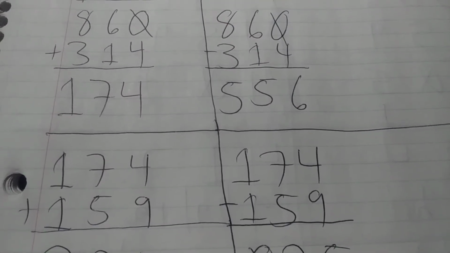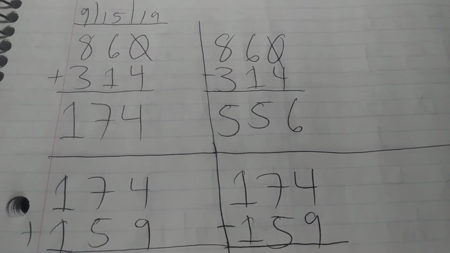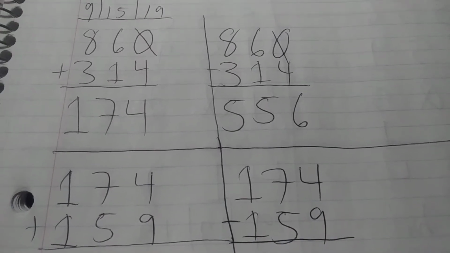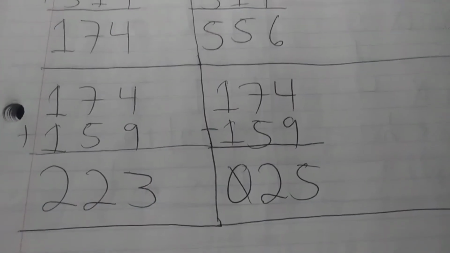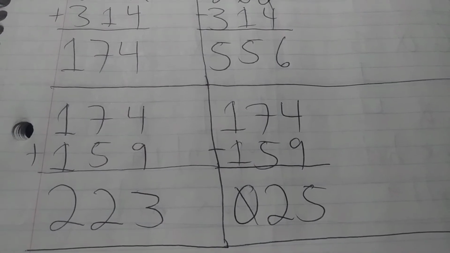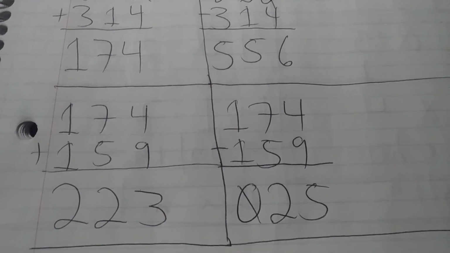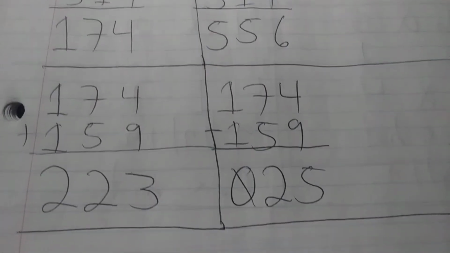Down here, you're just adding and subtracting off 159 from 174 that hit up here. Or it didn't hit. What I meant to say is we got it from up here. 1 plus 1 is 2. 7 plus 5 is 12 or 2. 4 plus 9 is 13 or 3.